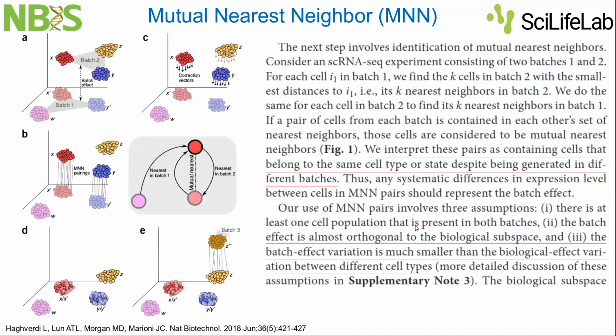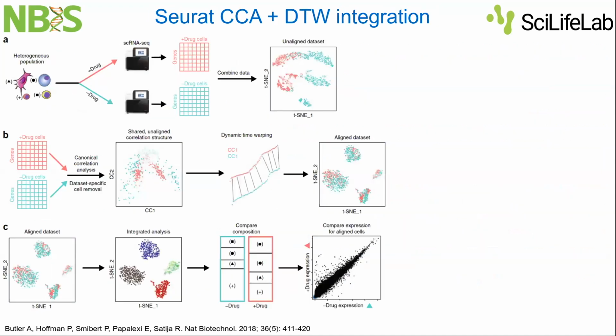So this was the method number one in this field, a single cell specific method, going beyond ComBat and limma and all these bulk RNA-seq correction methods. Then Seurat suggested what is it called? Cross anchors. No, it was called the canonical correlation analysis method.